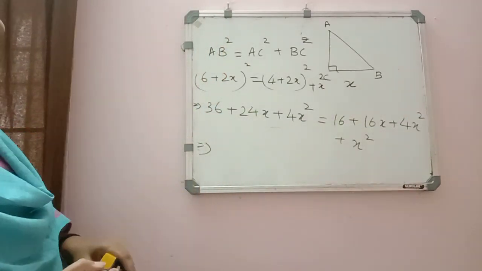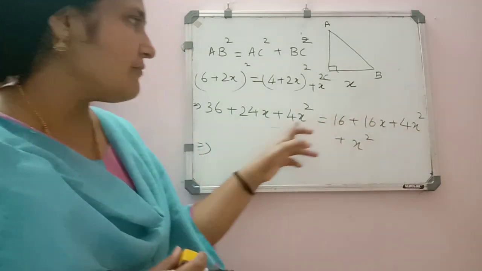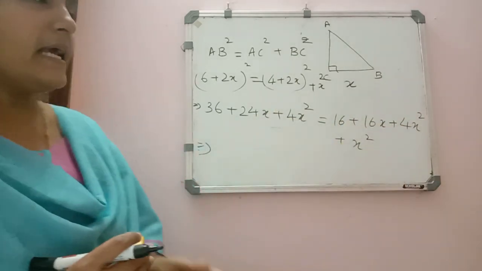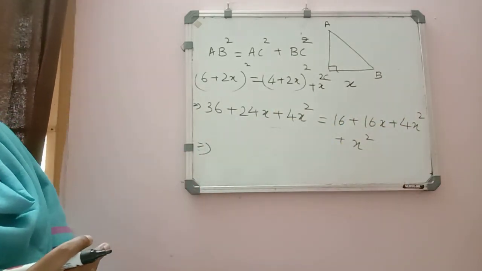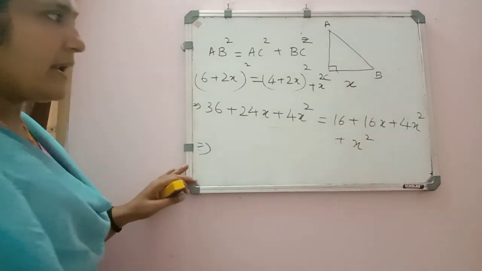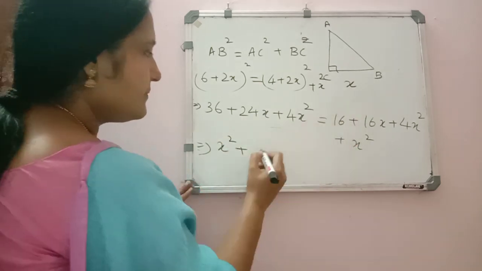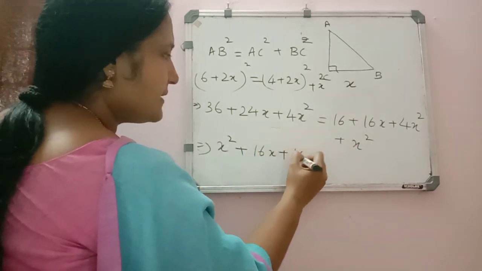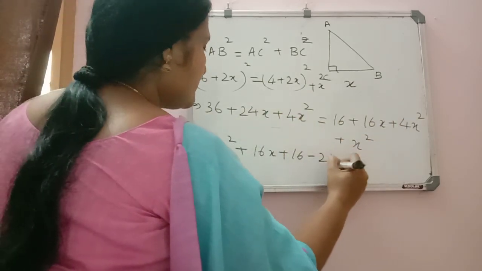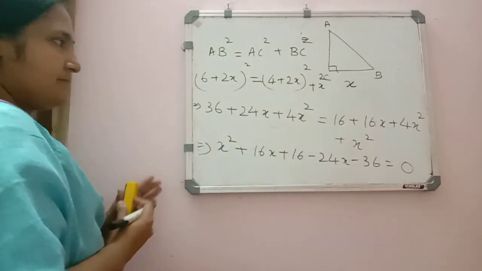Now we can check if anything will get cancelled. 4x square and plus 4x square: if I shift it here, it will become minus 4x square, so both will get cancelled. The remaining expression will shift to the right hand side, so it will be equal to x square plus 16x plus 16. These two have already cancelled. So remaining here is minus 24x minus 36 equal to 0.